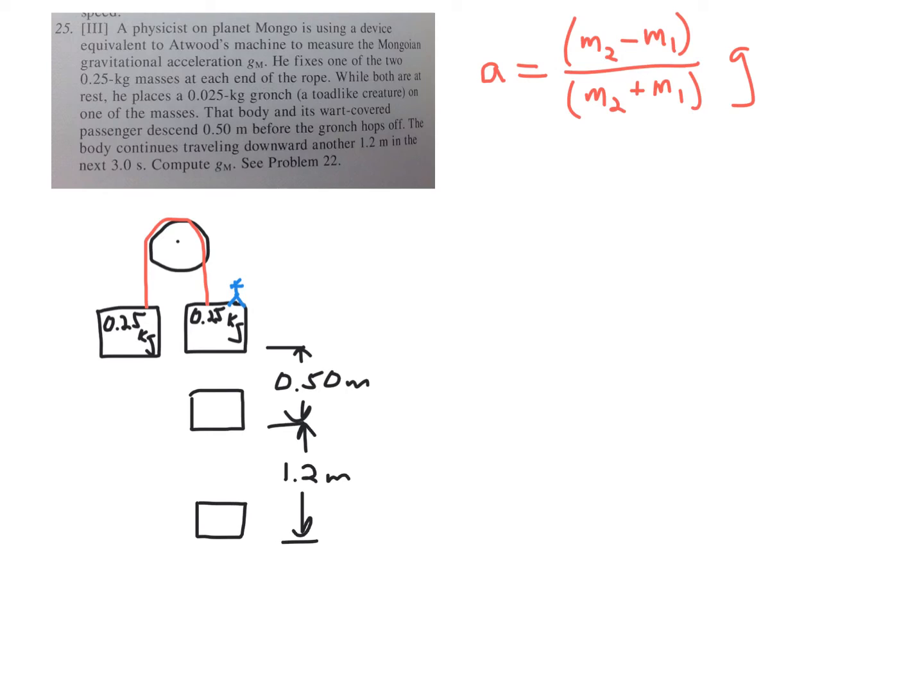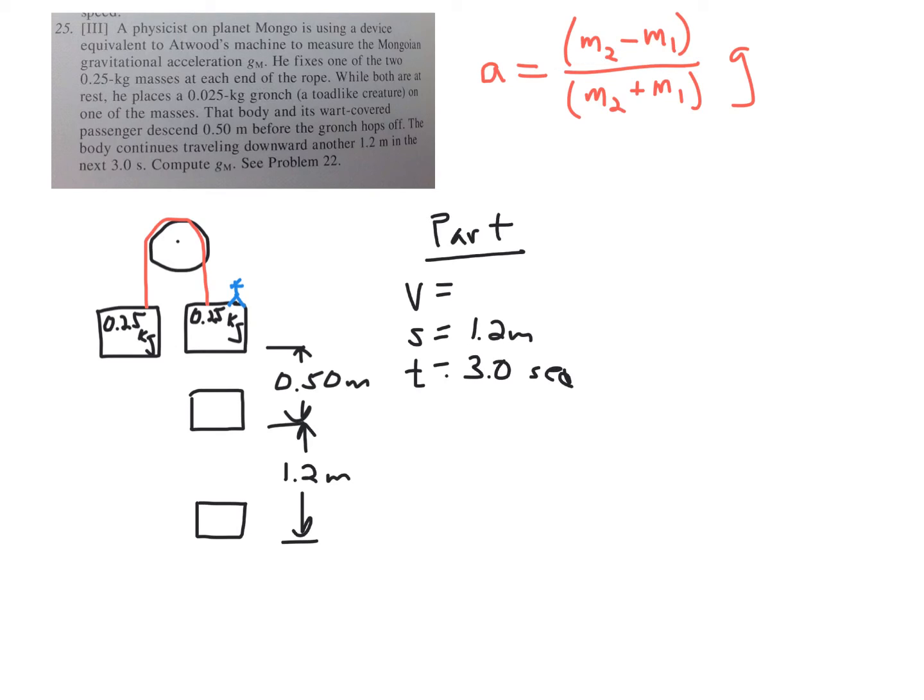Now, I'm going to focus on the second part right now, part 2, doing it backwards, because in part 2 we have constant velocity. We have v, which we don't know. s is 1.2 meters. And t is 3.0 seconds.